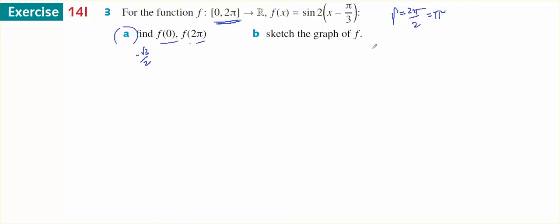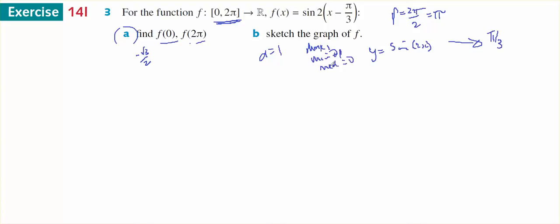Okay, I'd like to sketch the graph of y = sin(2x), and then I'm going to translate it to the right, π/3. So I know my amplitude is equal to 1, therefore my maximum will be 1, and my minimum will be −1, and my median will be 0.